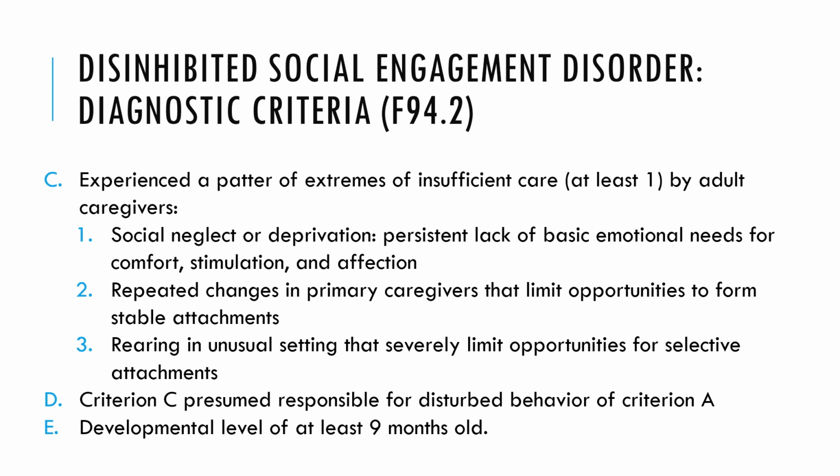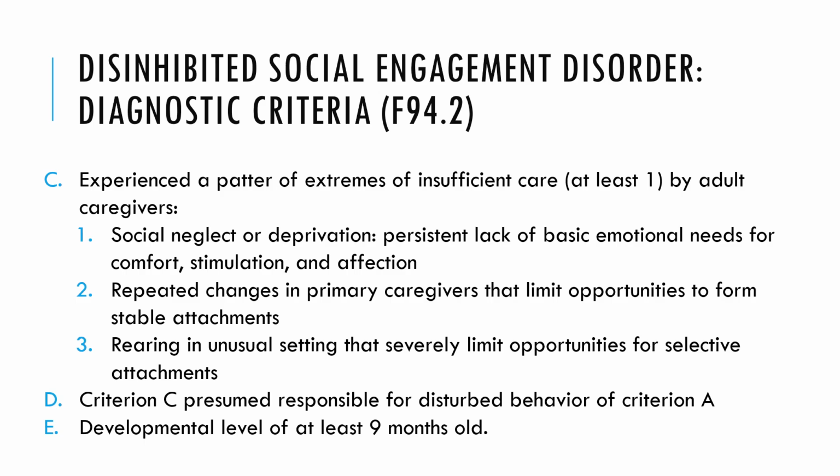And then C, experience a pattern of extremes of insufficient care, at least one, by adult caregivers. 1. Social neglect or deprivation, persistent lack of basic emotional needs for comfort, stimulation, and affection. 2. Repeated changes in primary caregivers that limit opportunities to form stable attachments. 3.